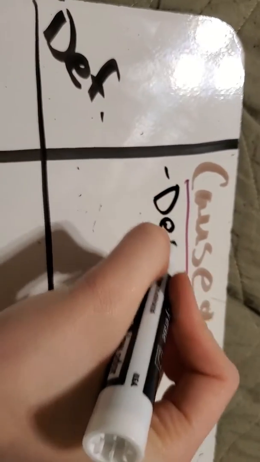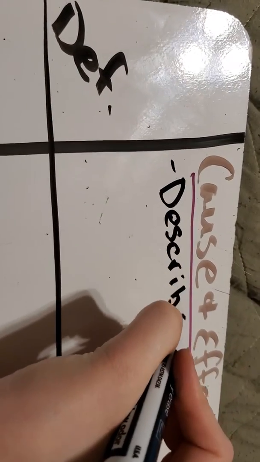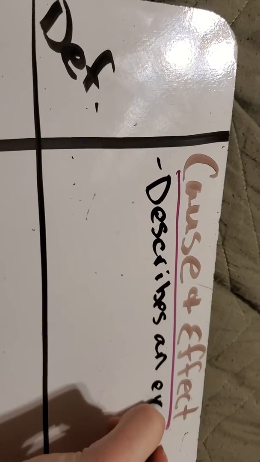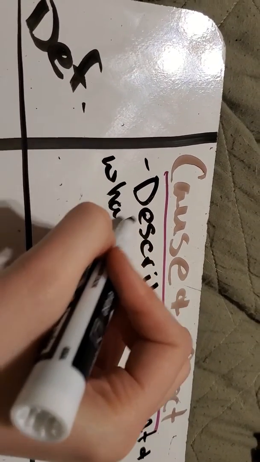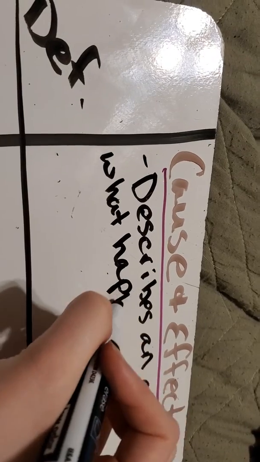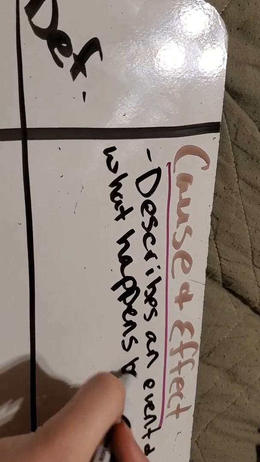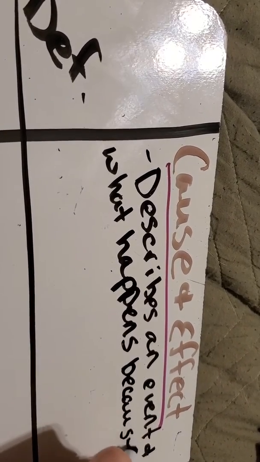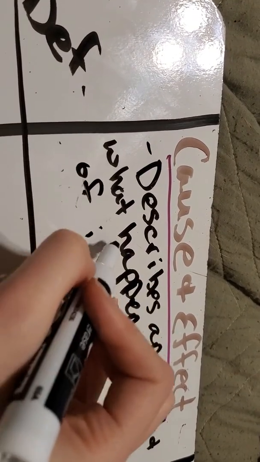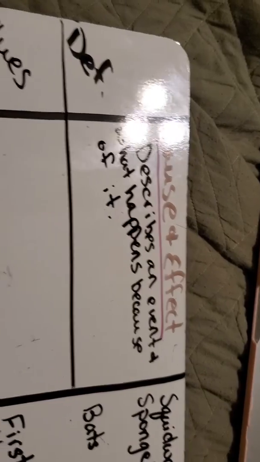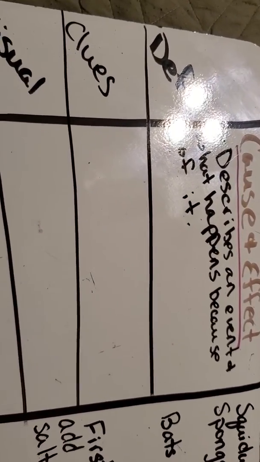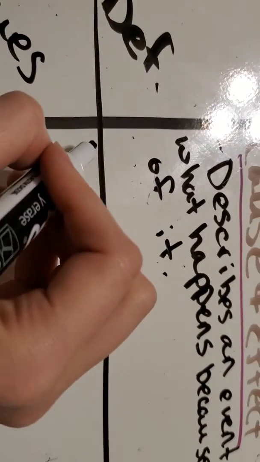So, describes an event and what happens because of it. Describes an event and what happens because of it. Your clues. Look for the word because.